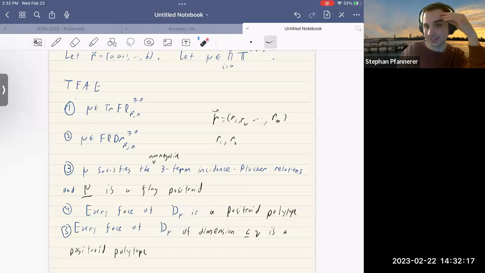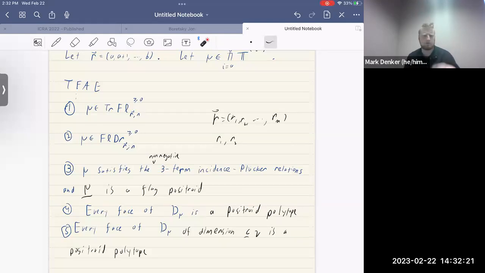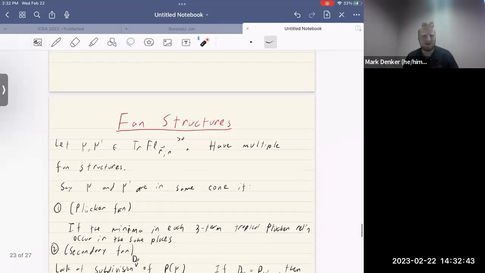More questions? I had a question. A little before this slide, towards the end of the talk, you were talking about realizing these tropical varieties as things like matroid polytopes.